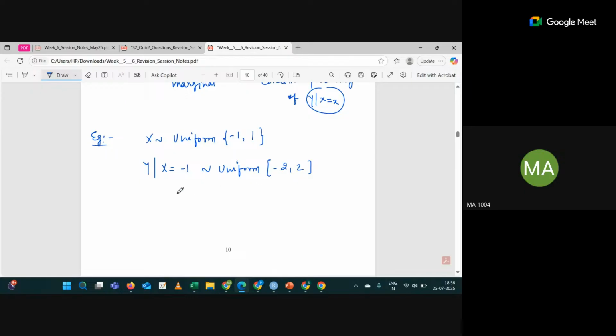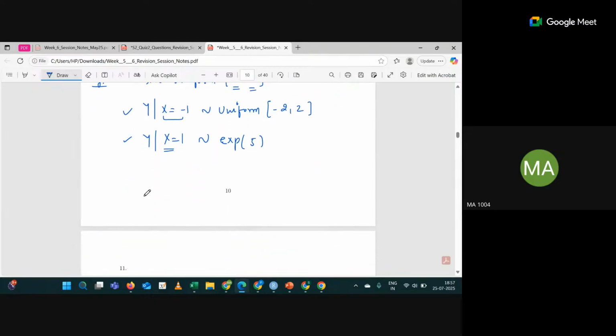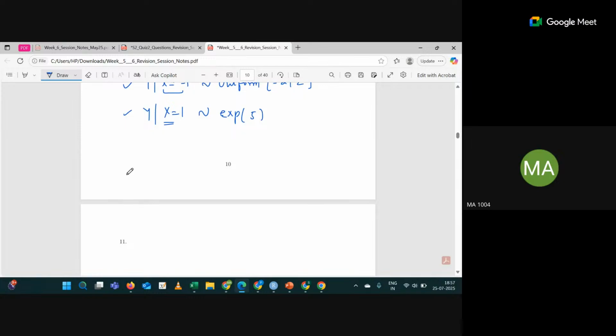This information is given to us. And y given x equal to 1 is, suppose, an exponential distribution with parameter 5. So you can see that x takes only two possible values, -1 and 1, and for each x the conditional densities are given to you. Yes or no?